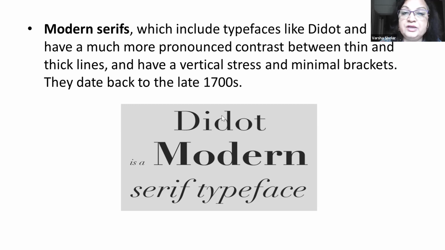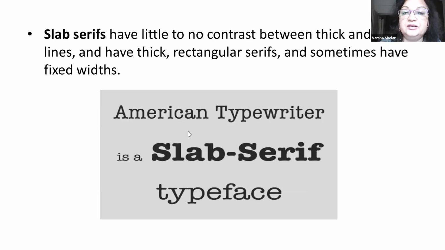So what is giving this a sophisticated look is the thin strokes, the visible difference between the thin and thick stroke, giving it a very classy look. As I was telling you, slab serifs were used mostly for posters and print ads, where they wanted people to notice the content and be attracted to it, right?